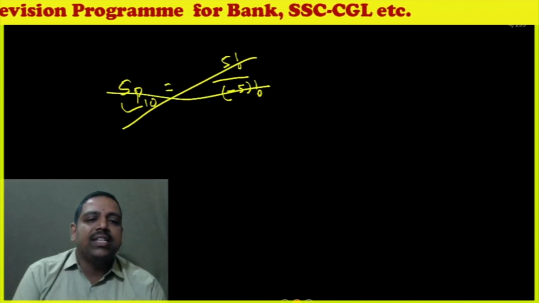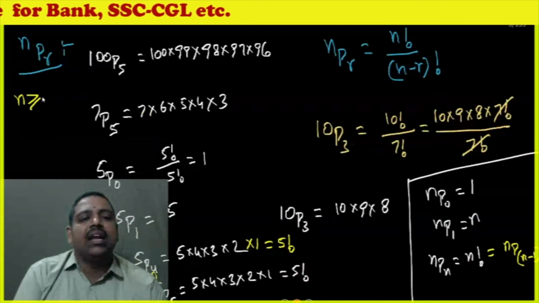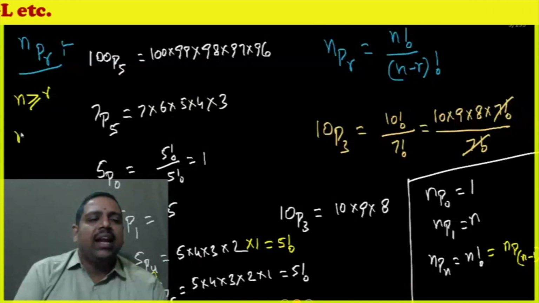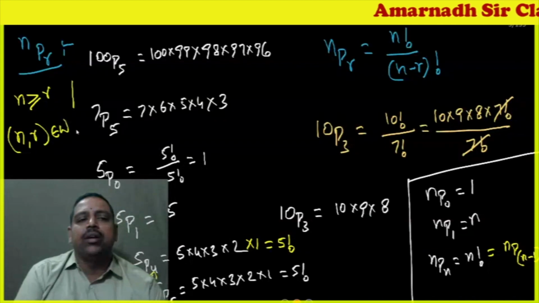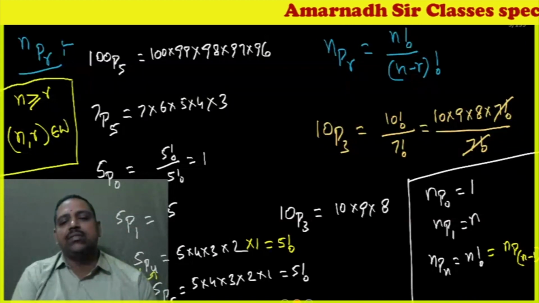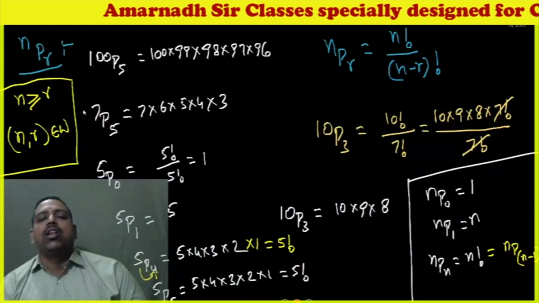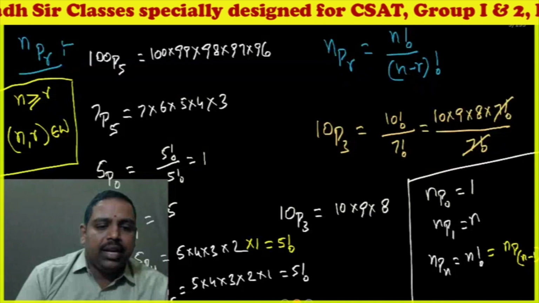So moral of the story is, if you are writing nPr, remember that n should be greater than or equal to r. Number 1. Number 2, n and r both belong to whole numbers. I have already explained why. Okay. These are the 2 conditions that should be satisfied if you want to go for nPr. Larger number P, smaller number we have to write, not smaller number P, larger number. Okay. Good. nPr is over.